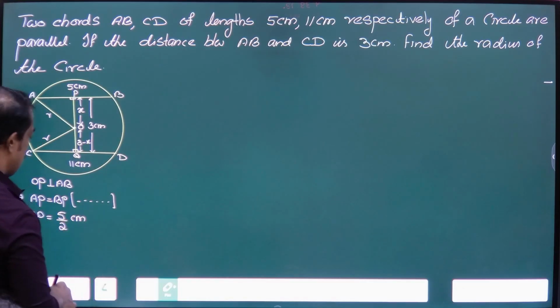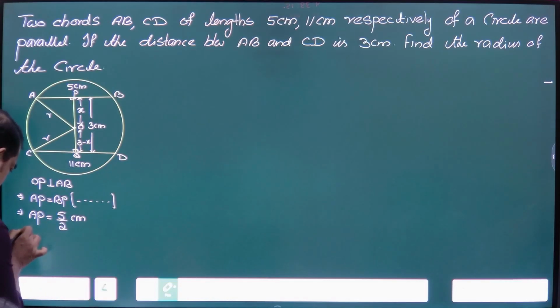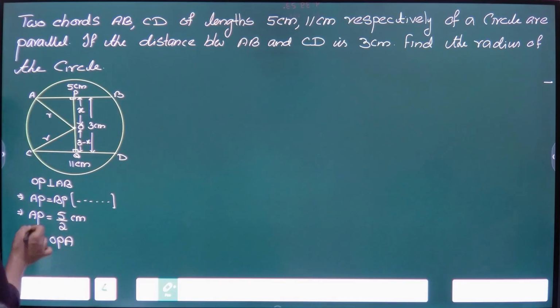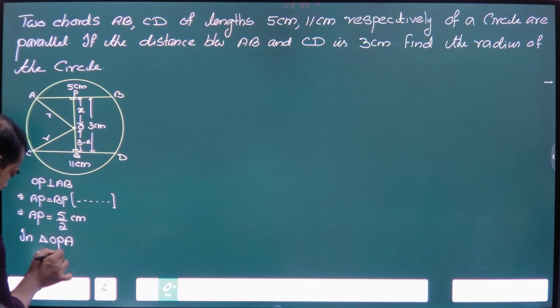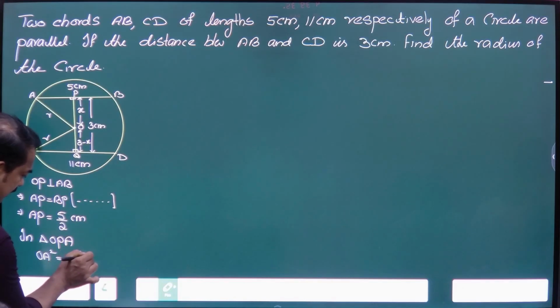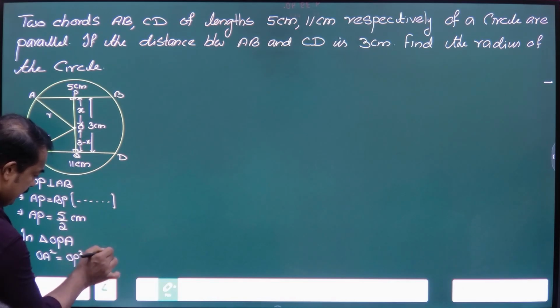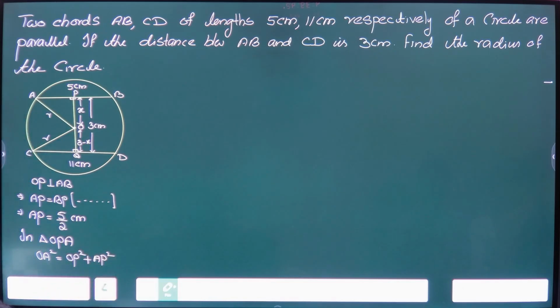Now apply Pythagoras theorem in triangle OPA. What can we write? OA square is equal to OP square plus AP square.